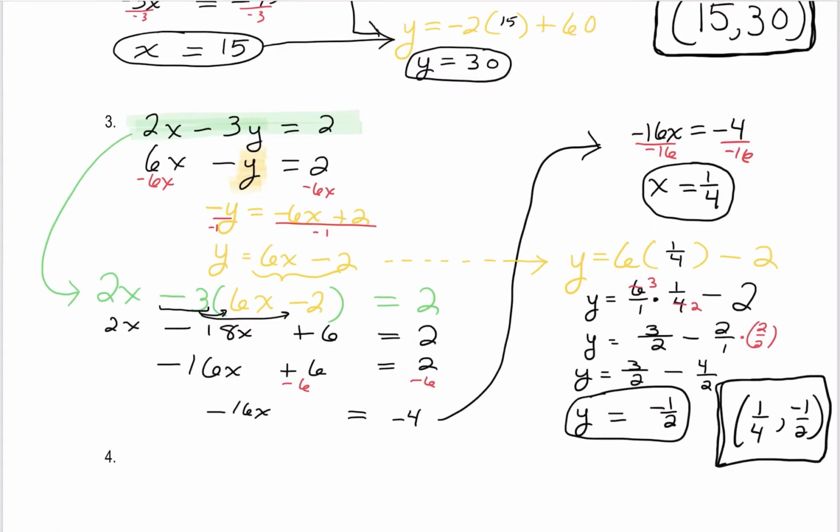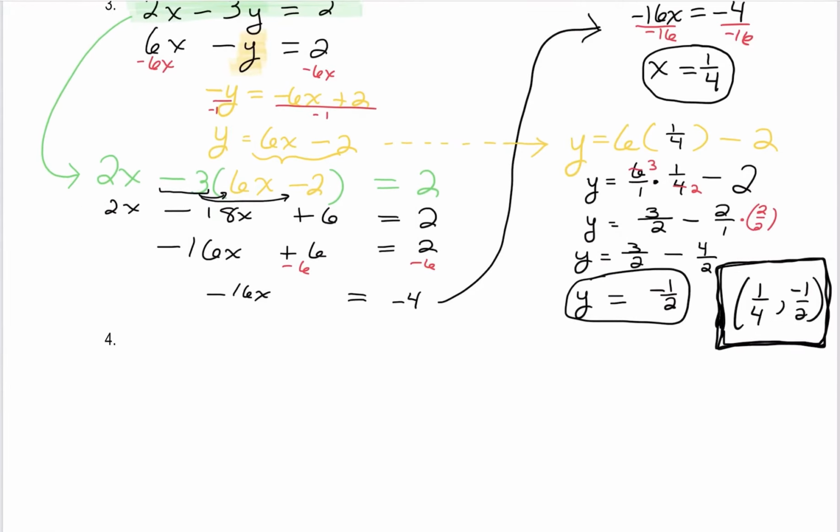Okay. All right, so let's take a look at one last example in this section before we go on to another algebraic technique in 4-3. All right, so number 4, we're going to have x minus 3y is equal to 1, and 2x plus y is equal to 9.